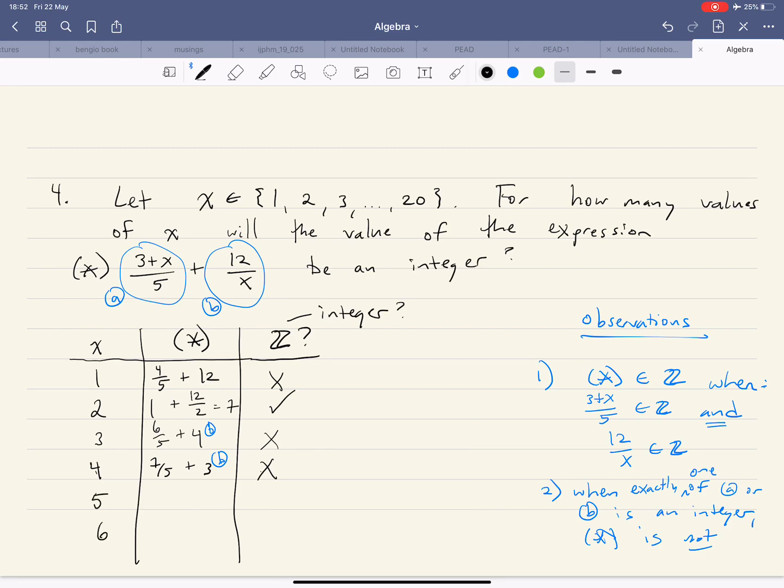If we look at 5 as an input, then we have 8/5 plus 12/5. Now, this is a really interesting case because it's actually 20/5, which equals 4. So this is an integer.